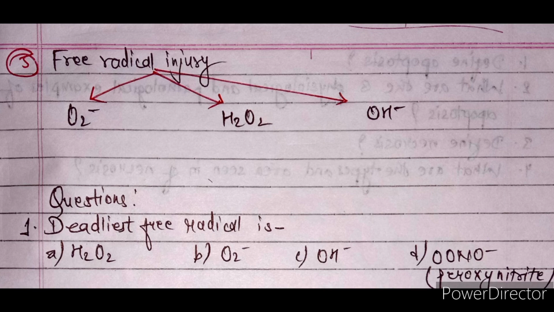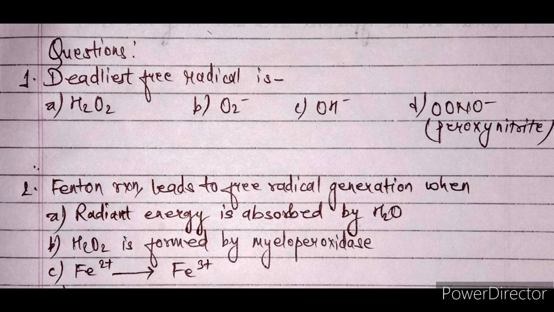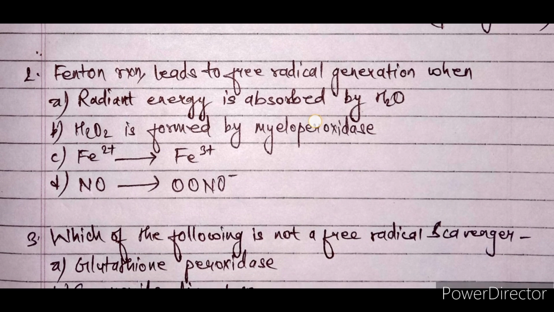Now let's see some questions. So the number 1 question is, deadliest free radical is what? A. Hydrogen peroxide. B. Superoxide ion. C. Hydroxyl ion. D. Peroxynitrite. So drop your answers in the comment section. Number 2.